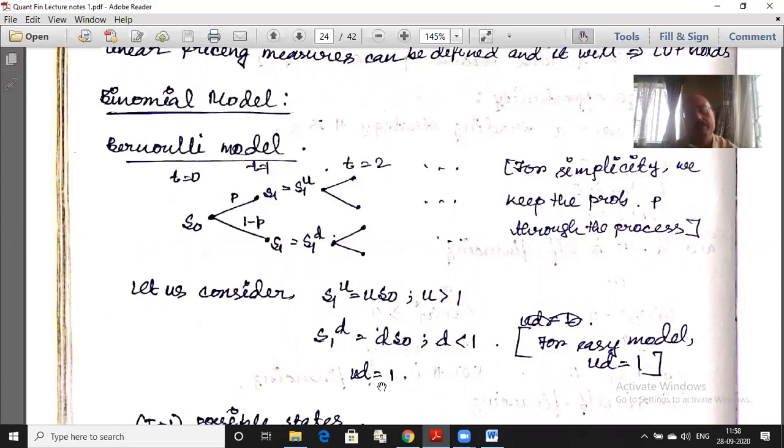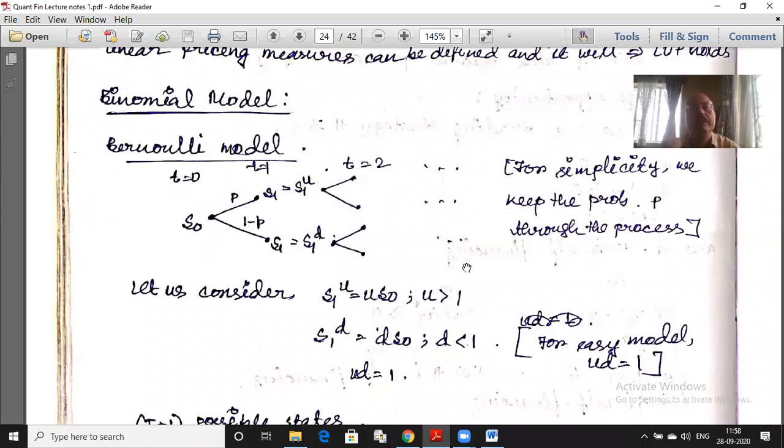What is the advantage? Huge advantage. If I do not take the recombining assumption, then after 10 steps, I will have a tree with 2 to the power 10 nodes. So it grows very, very fast.